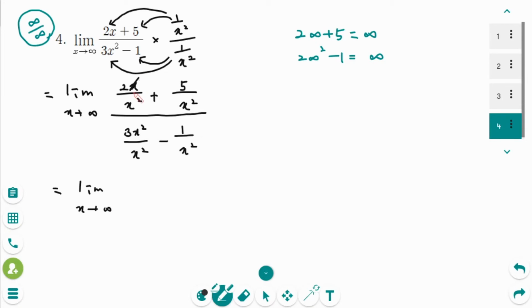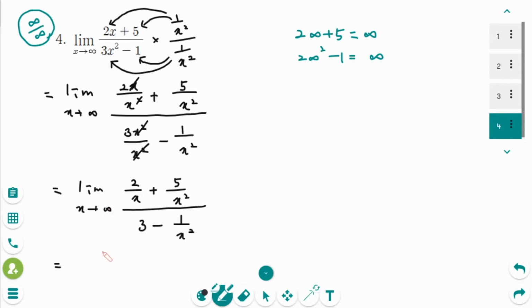And then simplify. 2 over x plus 5 over x squared, over 3 minus 1 over x squared.